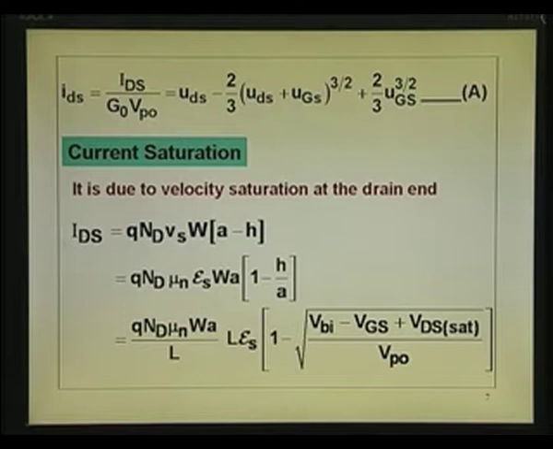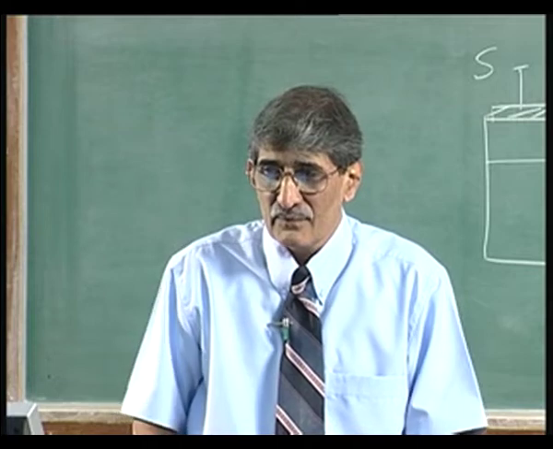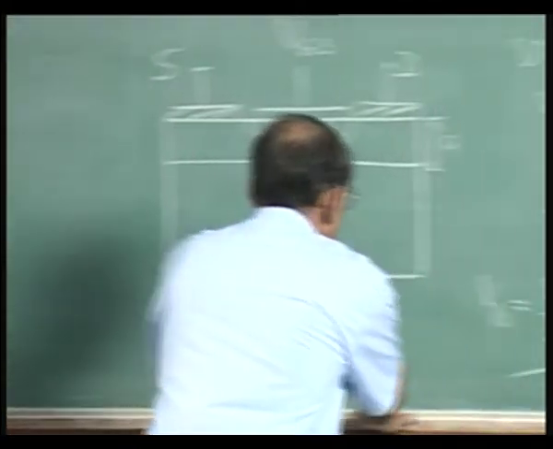So, what I did is this is J naught multiplied by G naught, multiply G naught by V p 0, divide by V p 0. So, G naught V p 0 into L E S by V p 0 and the terms within the bracket, 1 minus, I will write that so that it is clear to you here.